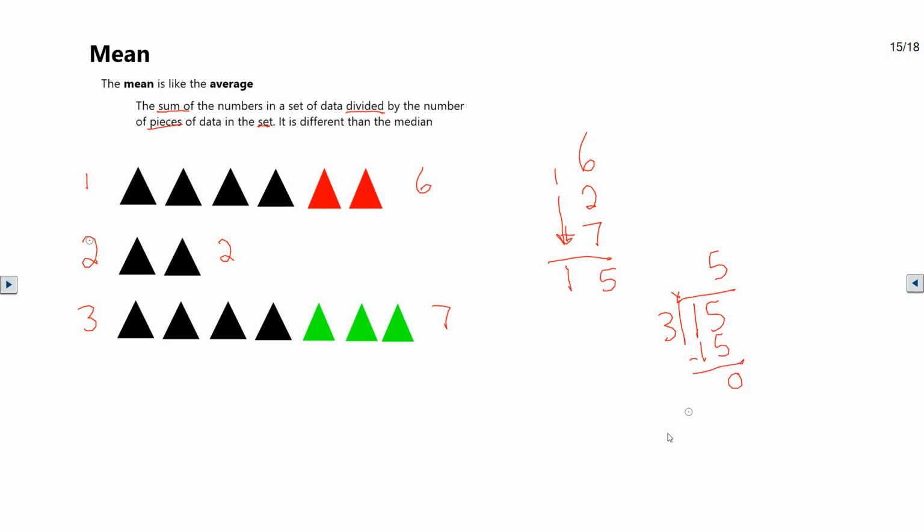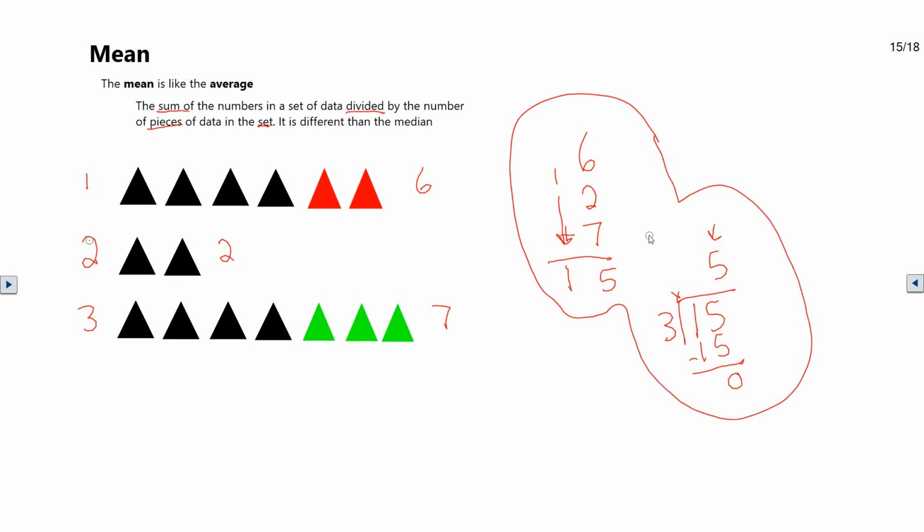So we know that the average or the mean is 5. Now you can remember this. It's mean of Mr. C for making us add and divide all that stuff. Okay? So that's the mean.